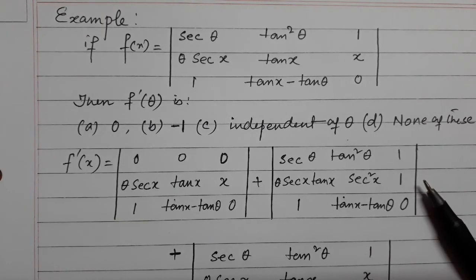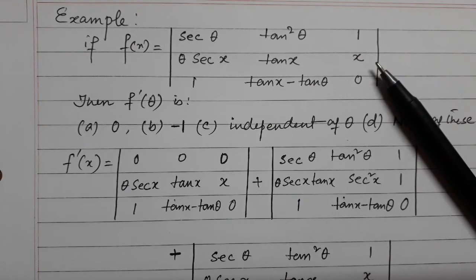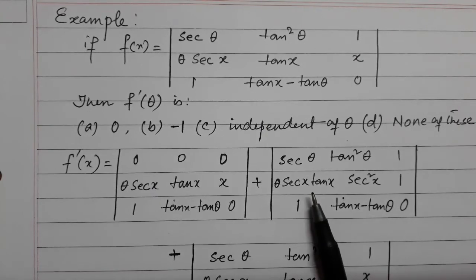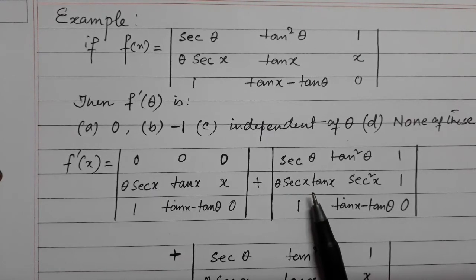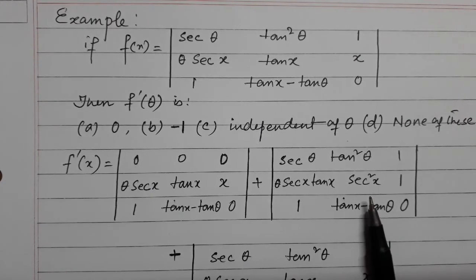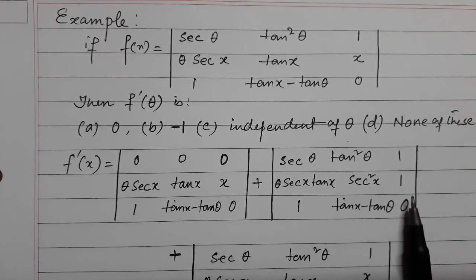Now in the second term the second row will be differentiated. If we differentiate the second row, the first element is theta secant x, where the differentiation of secant x is secant x tan x, so it will be theta secant x tan x. Then the next element is tan x, whose differentiation is secant square x, and the last element of this row is x, whose differentiation is 1.